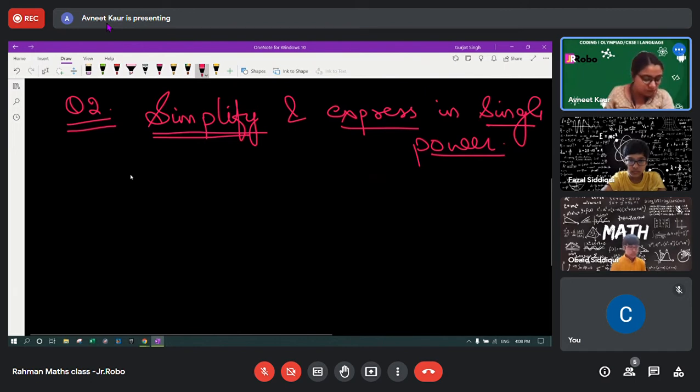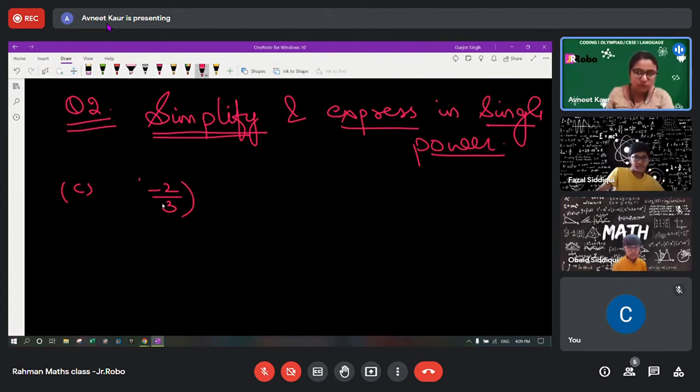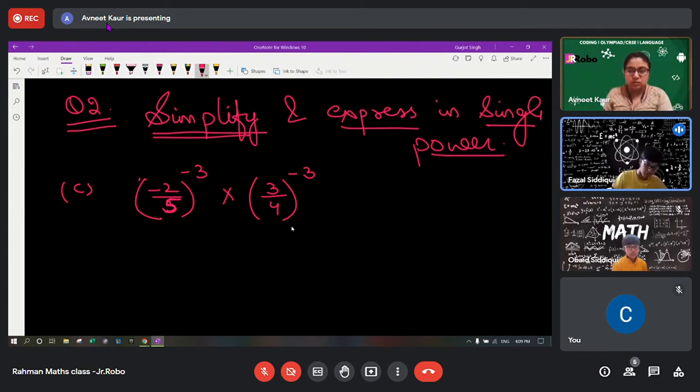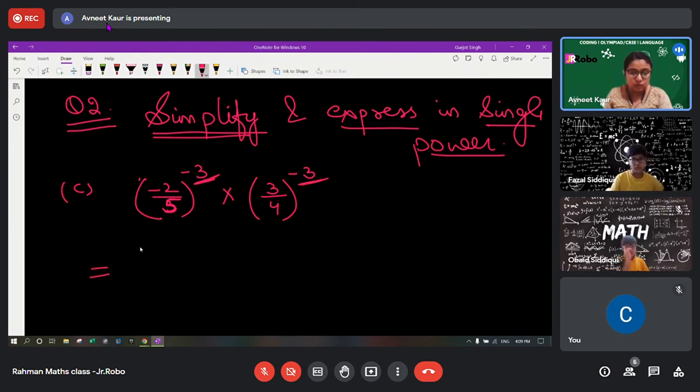I have the question. The question says (-2/5) raised to power -3 into (3/4) raised to power -3. Should I have to multiply the powers? First of all, both have the same power, so yes, you have to multiply the bases.